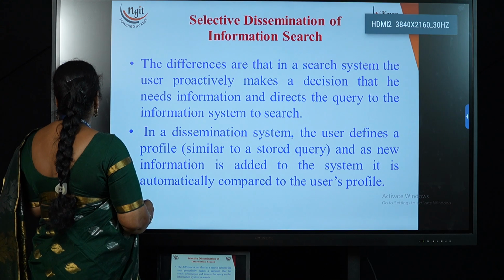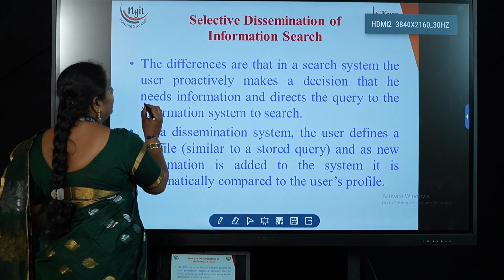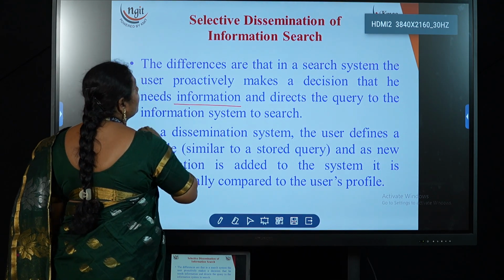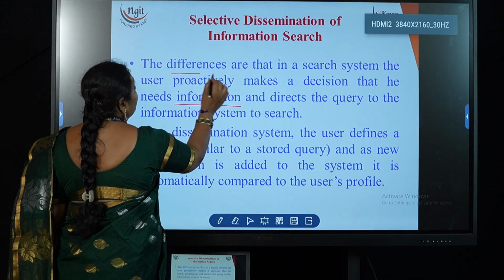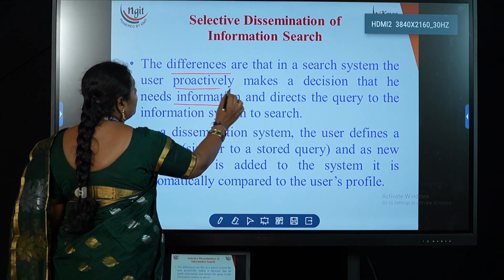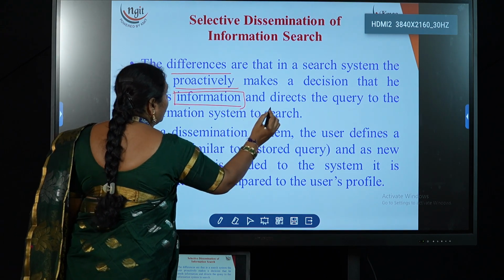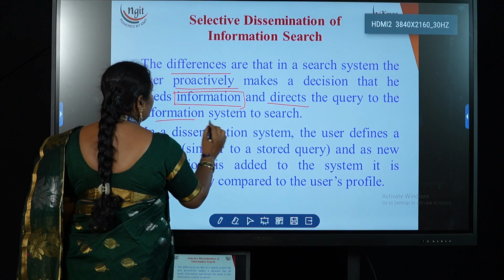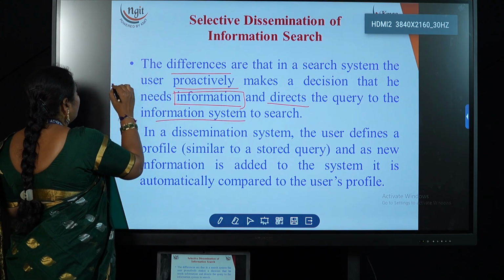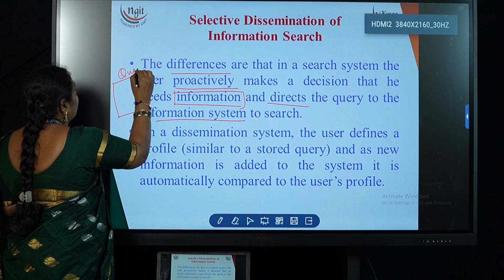So what is the basic difference? The search system proactively decides what type of information is required, and it will direct the query to the information system to search. Suppose I am writing the query here.